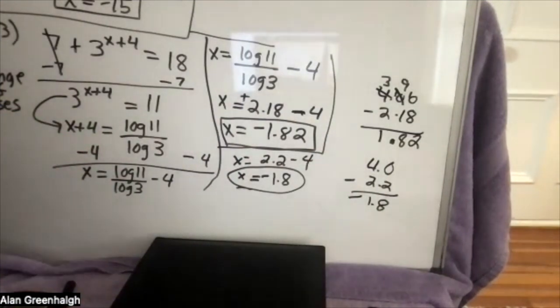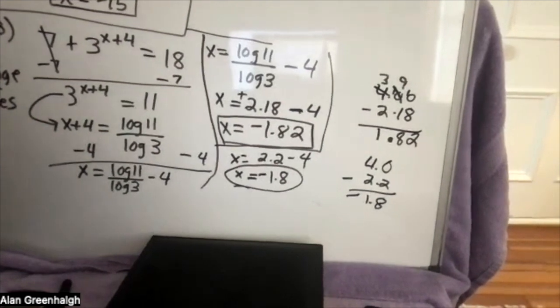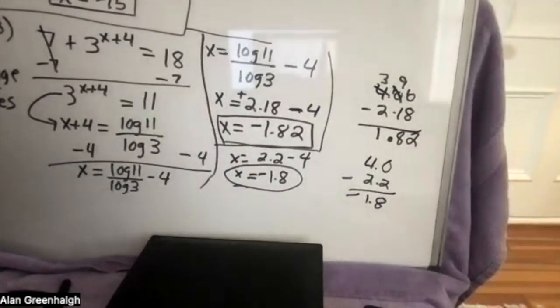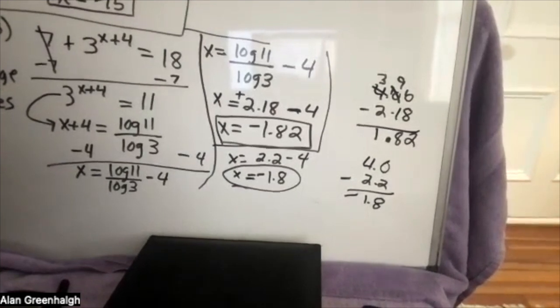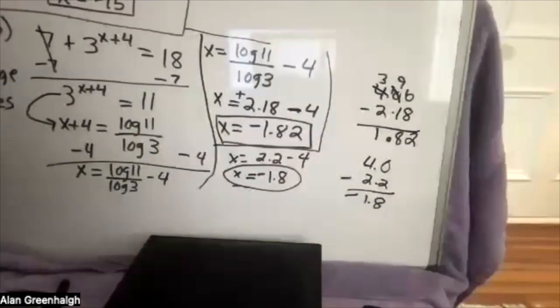Good question. Professor, I have negative 1.92, 1.93, I subtracted wrong.